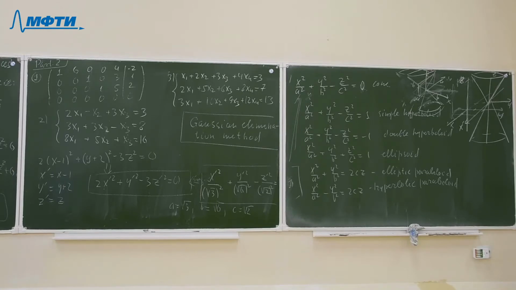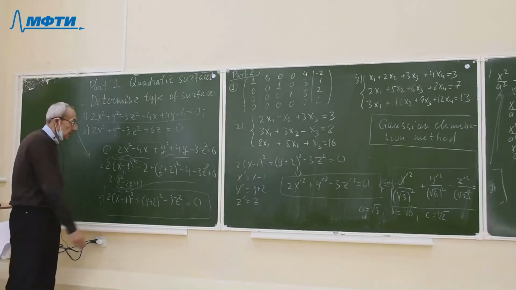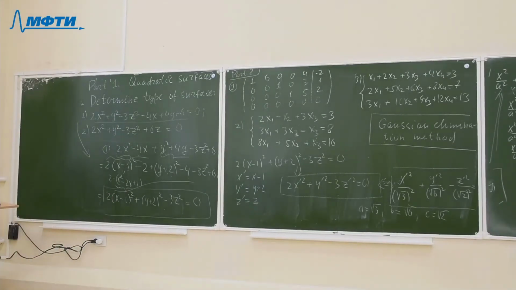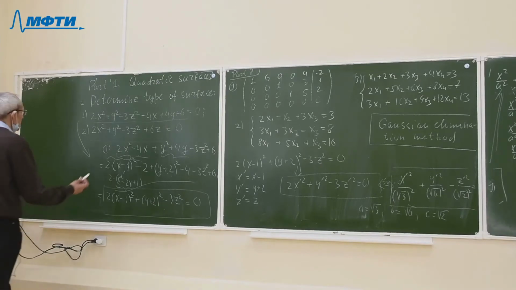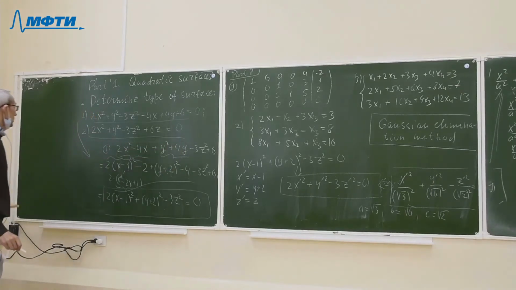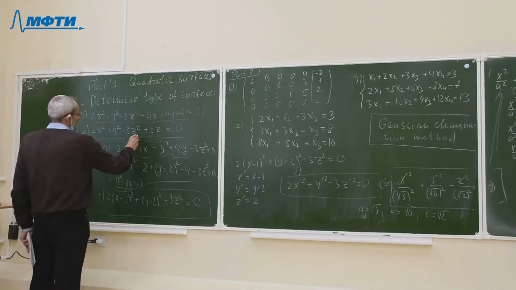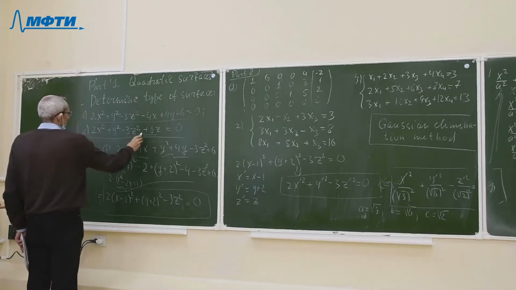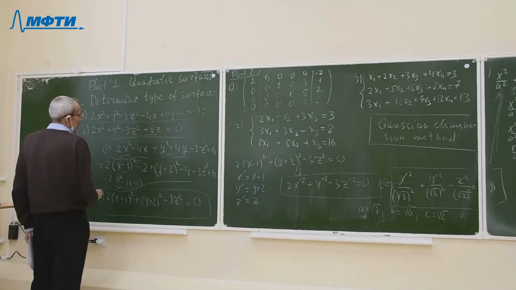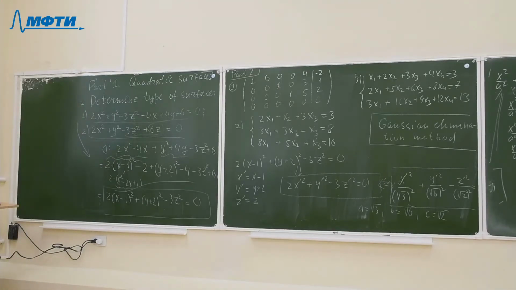Any questions? Do you understand how to do this? Okay, yes. Let's continue. The second equation is the same, but in this case the quadratic part is the same as in the previous case, but the linear part is equal to 6 times z.